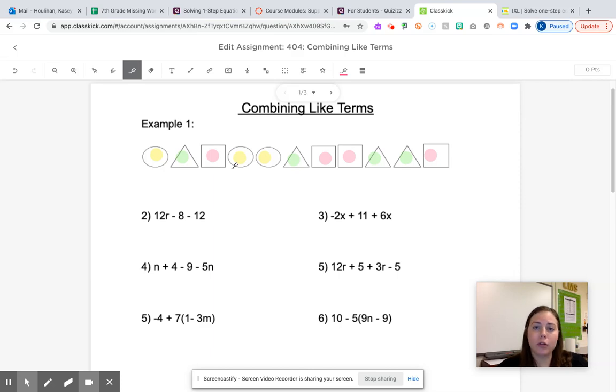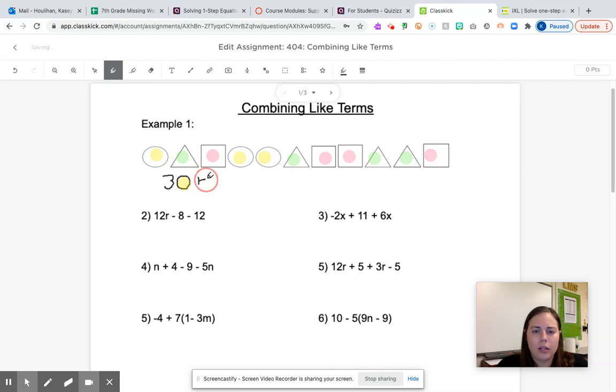So we're going to put all our circles together, all of our triangles together, all of our squares together. Let's start with our circles. We have 1, 2, 3 circles, and I'm going to put a dot in that circle to let myself know that is a circle and not a 0.